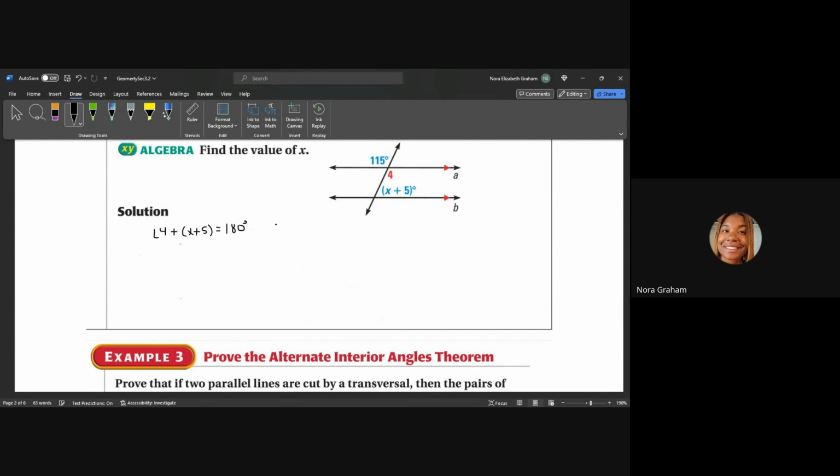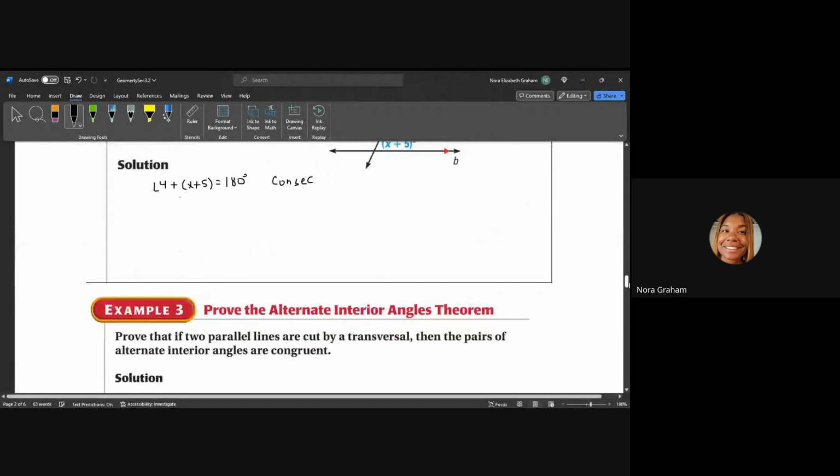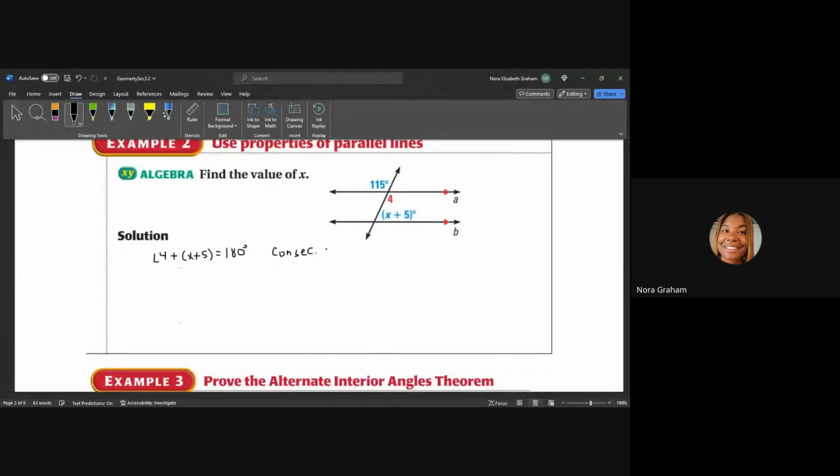And we can put that by our consecutive angles theorem. Again, I'm going to abbreviate because I don't want to waste too much time writing. Right.